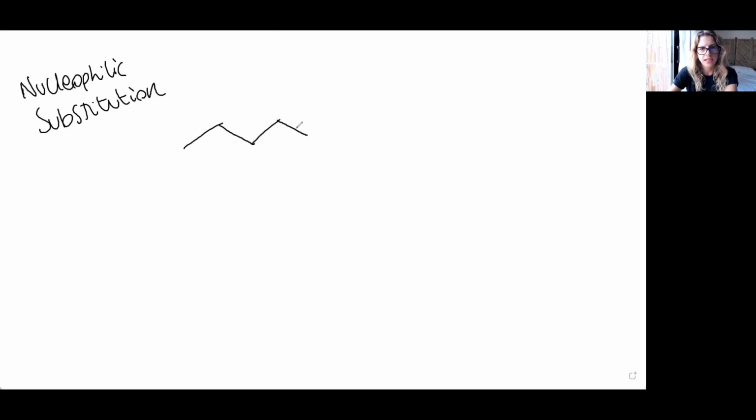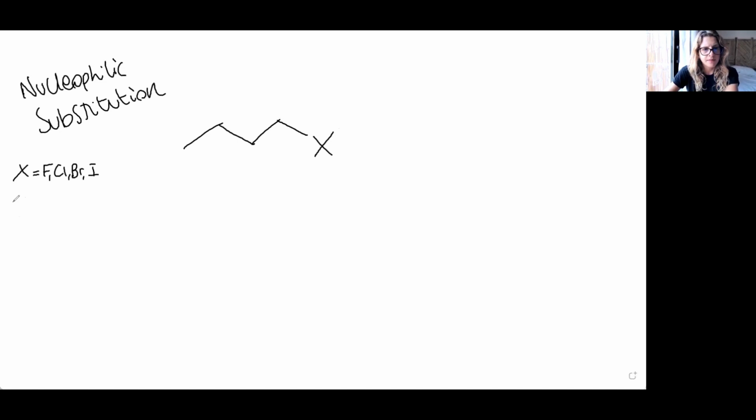So the mechanism we're looking at now is the nucleophilic substitution. And this involves a halogen, doesn't really matter which one. So I'm just going to do a skeletal formula and an X. This X could be fluorine, chlorine, bromine, and iodine.